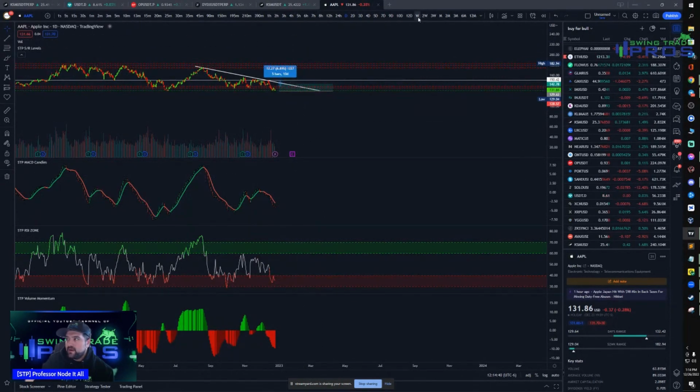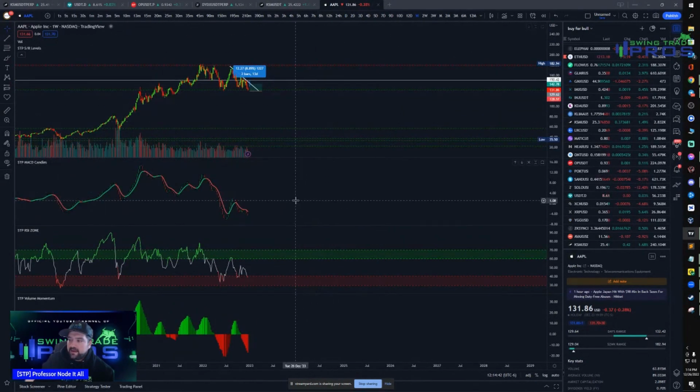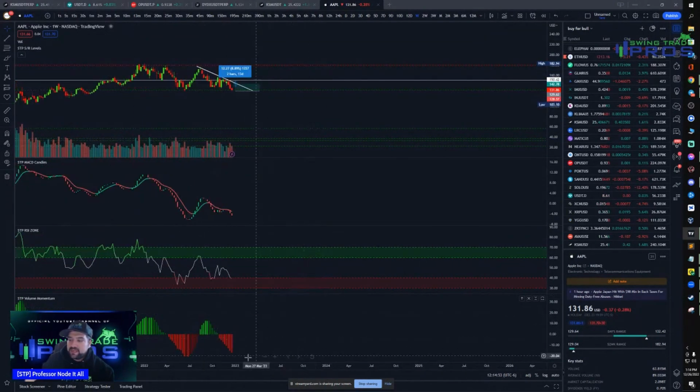We're going to go to the weekly chart, and we're going to look at the STP volume momentum, which gives you a visual depiction of the type of momentum we're seeing, which right now is negative momentum. However, it is not clear that we're going to see more negative momentum.